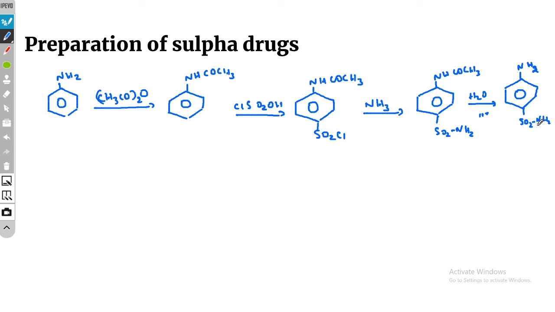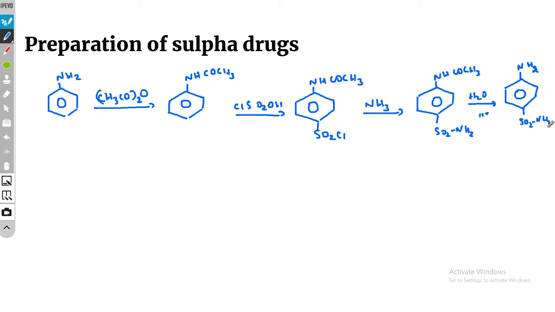We have seen that an R group is attached here in the case of some sulfur drugs. This R group is for the pharmacokinetic effect, that is, the rate of release of the drug into blood circulation and its lifetime. That is the purpose of the R group attached over here.